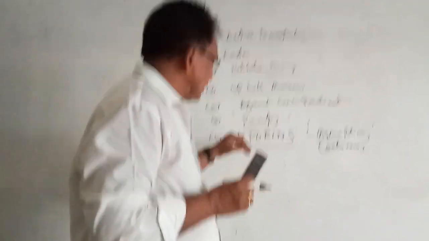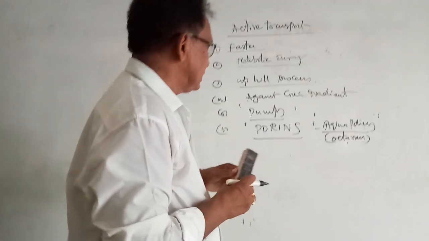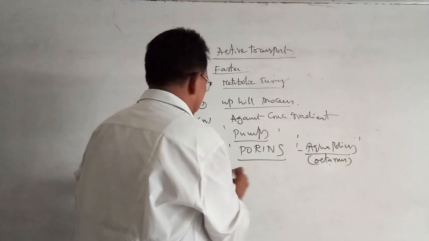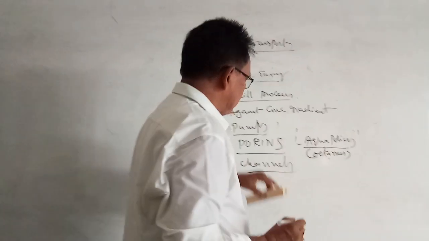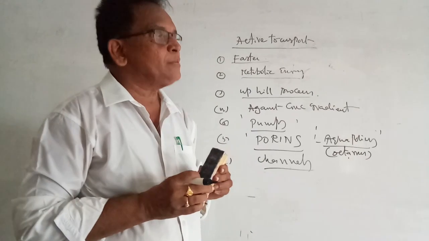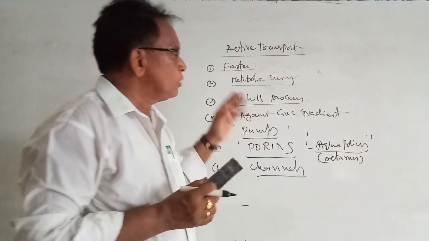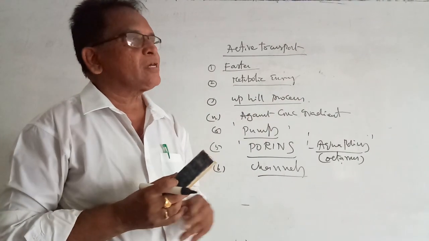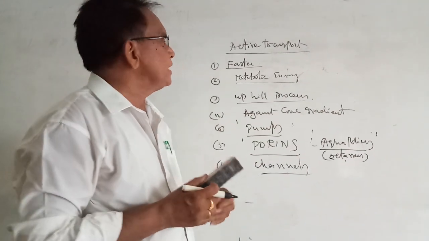So these are the porins which are larger in size, and sometimes they act as channels. These channels are helpful for the movement of molecules from lower concentration to higher concentration, that is known as against the concentration gradient.